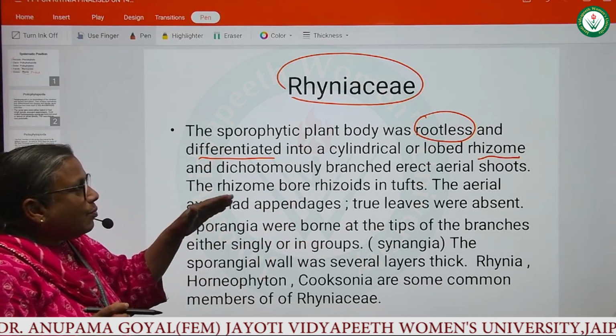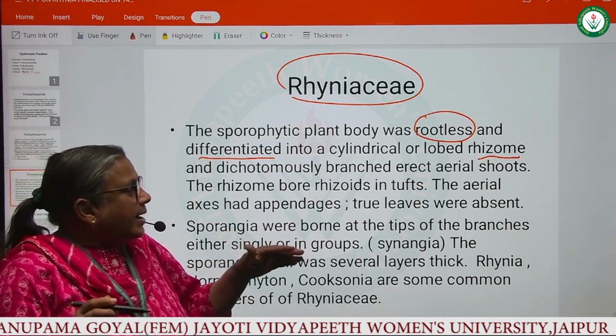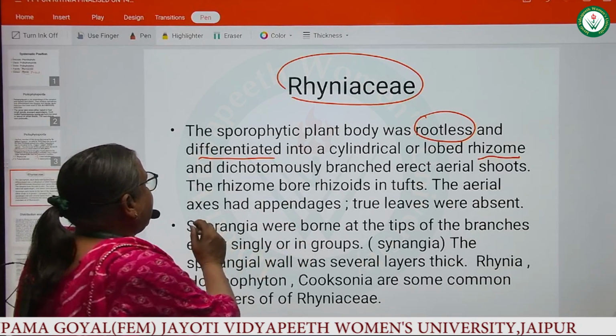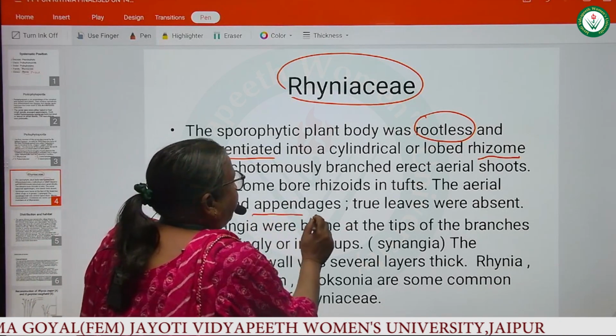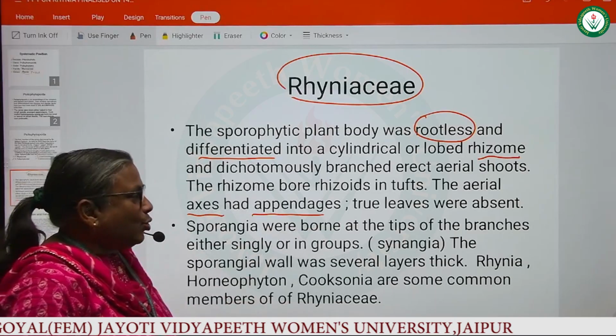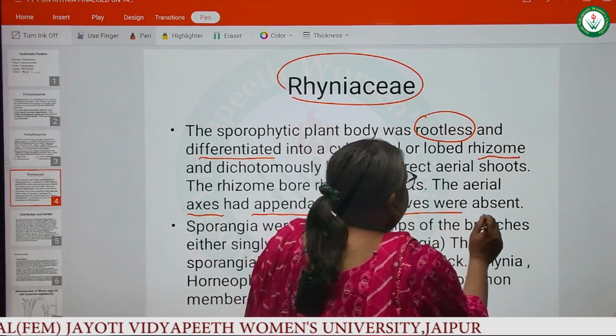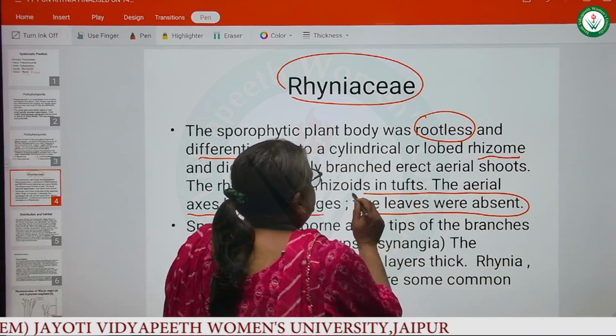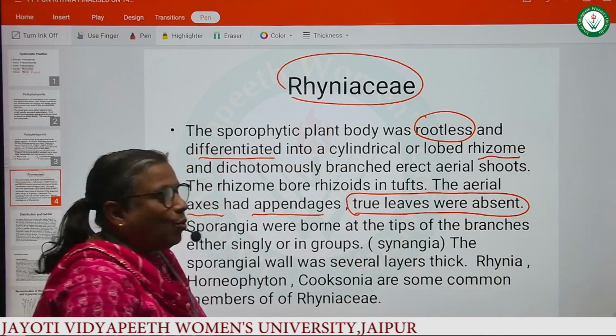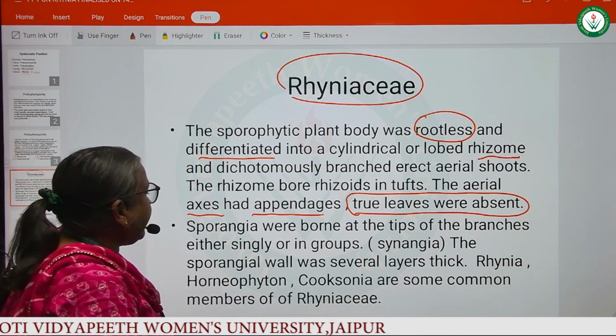The rhizome bore rhizoids in tufts. The aerial axis had no appendages, meaning true leaves were absent. So in the family Rhyniaceae, true leaves were lacking.